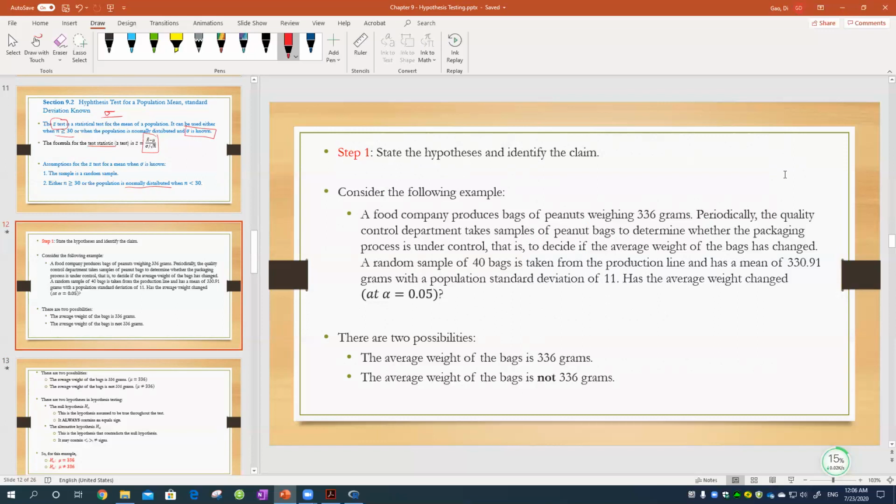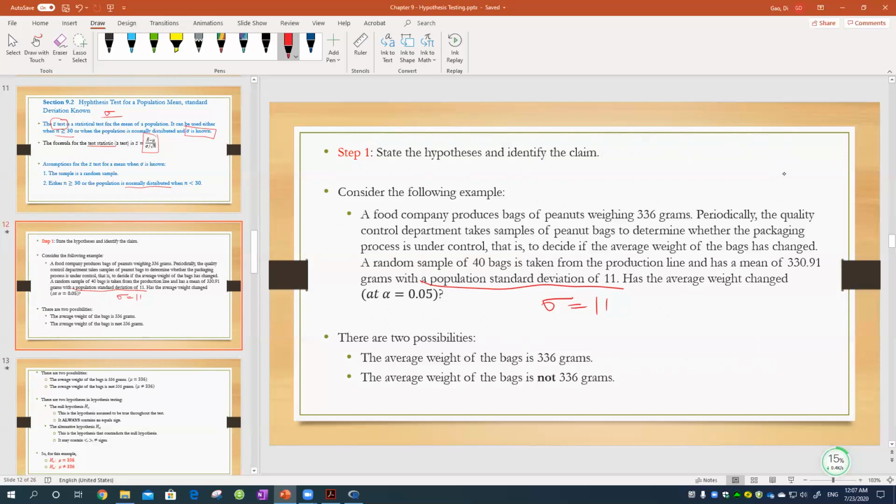A random sample of 40 bags is taken from the production line and has a mean of 330.91 grams with a population standard deviation of 11. So we know sigma equals 11. Population standard deviation known. Has the average weight changed at alpha equals 0.05?